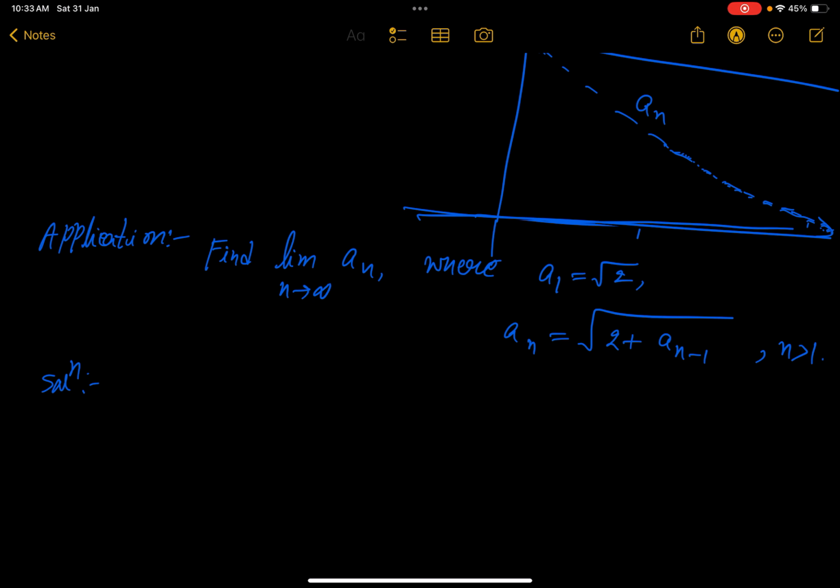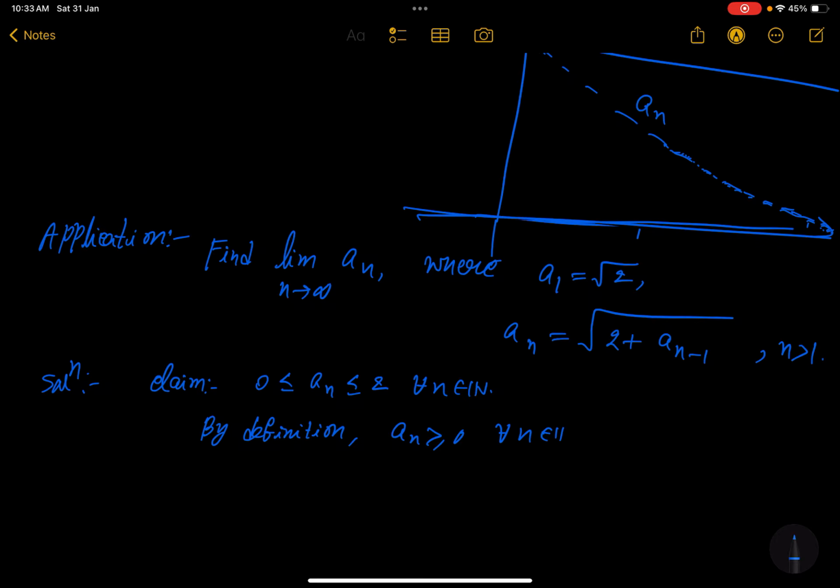So first claim that 0 is less than or equal to a_n is less than or equal to 2 for every n belongs to N, right? Okay, so observe that by definition a_n is bigger than or equal to 0 for every n belongs to N, right? Because each a_n is the square root of 2 plus a_{n-1}, this is non-negative.